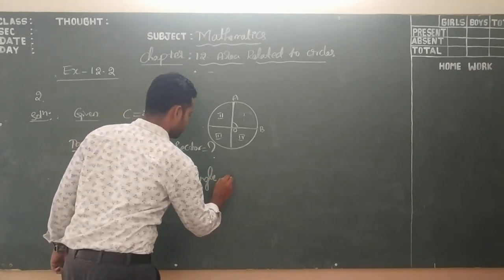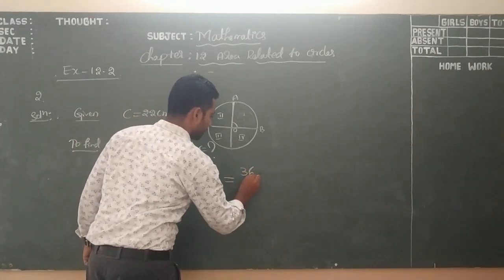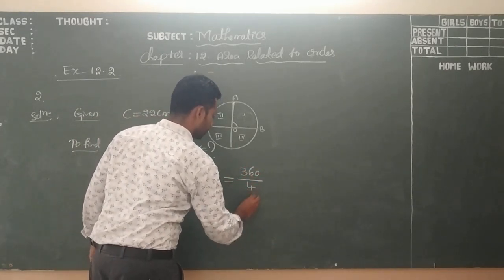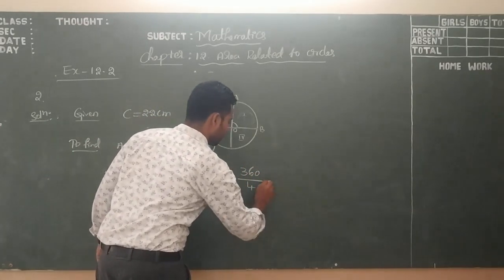Each quadrant angle is equal to 360 degrees divided by 4, nothing but 90 degrees.